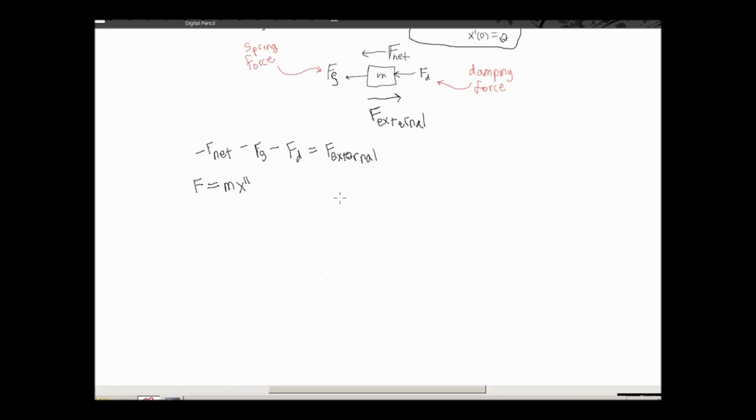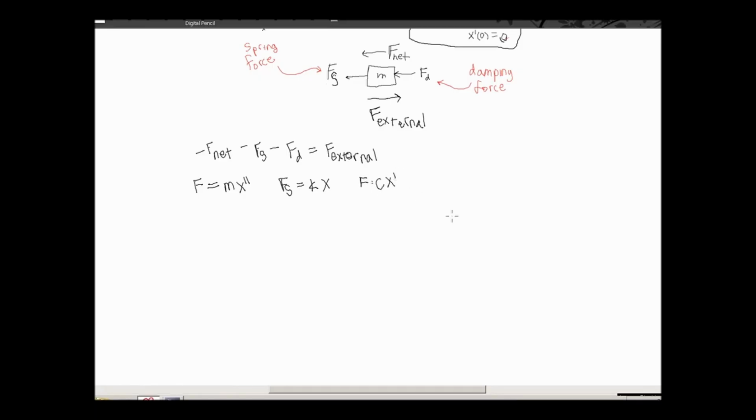Fs is the spring force, which is defined by Hooke's law as being proportional to the amount that the mass is displaced. And the damping force due to the dashpot is proportional to its velocity.